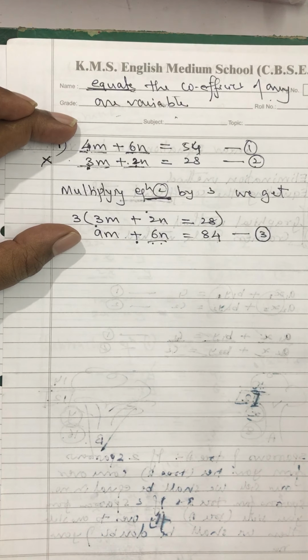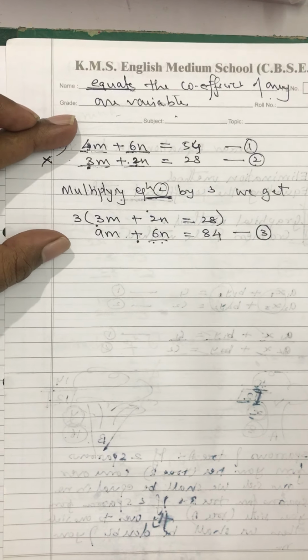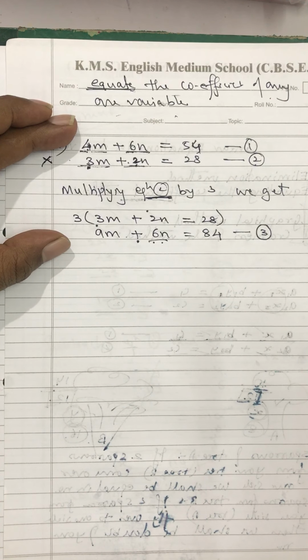Okay. Now once the coefficients are equal, you have to think whether you are going to add equations 1 and 3 or subtract equations 1 and 3. While deciding, as I told you, you have to check the signs of the equal coefficients.